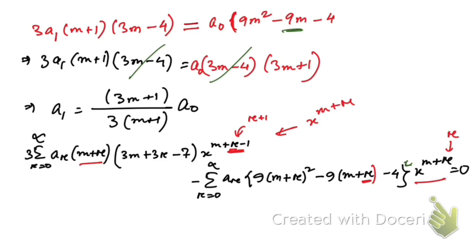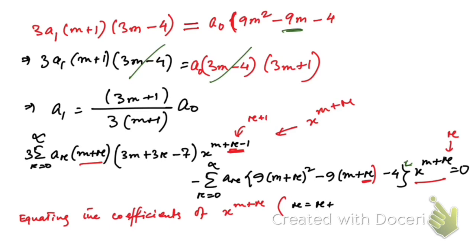So equating the coefficients of x to the power m plus r, just put r is equal to r plus 1 in the first summation, and r is equal to r in the second summation. That's what we have. So use the word summation here, instead of the symbol.